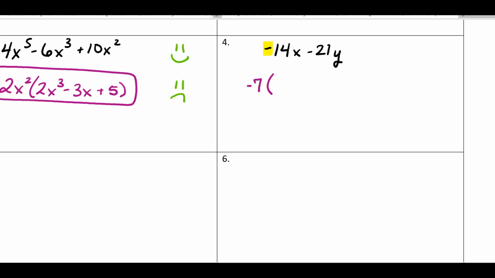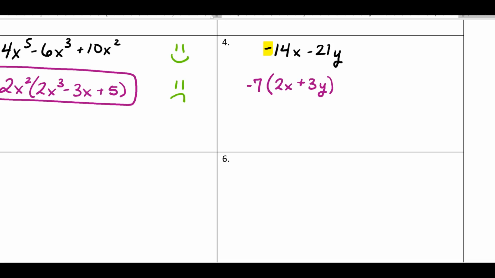Well, negative 7 times 2x gives me that negative 14x. Now when I take negative 7 out of negative 21, I'm left with a positive 3, so positive 3y.